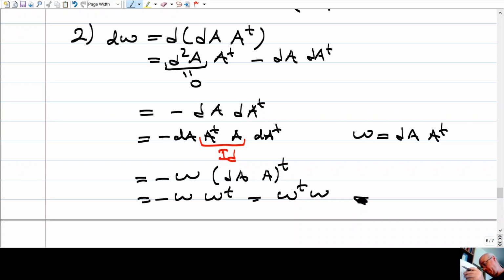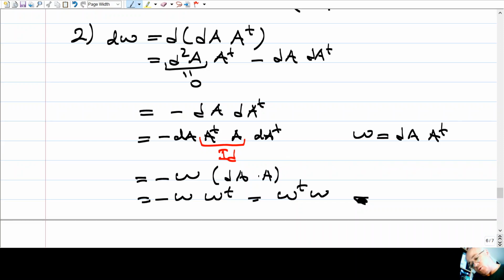Okay, and then this is just omega, and this thing is, oh yeah, when you take transpose, you get transpose of this times, sorry, this is not correct.